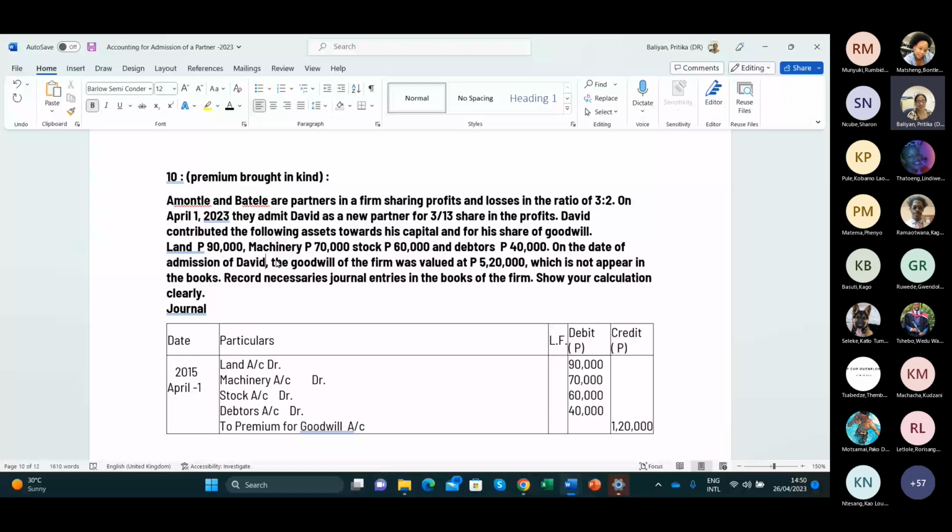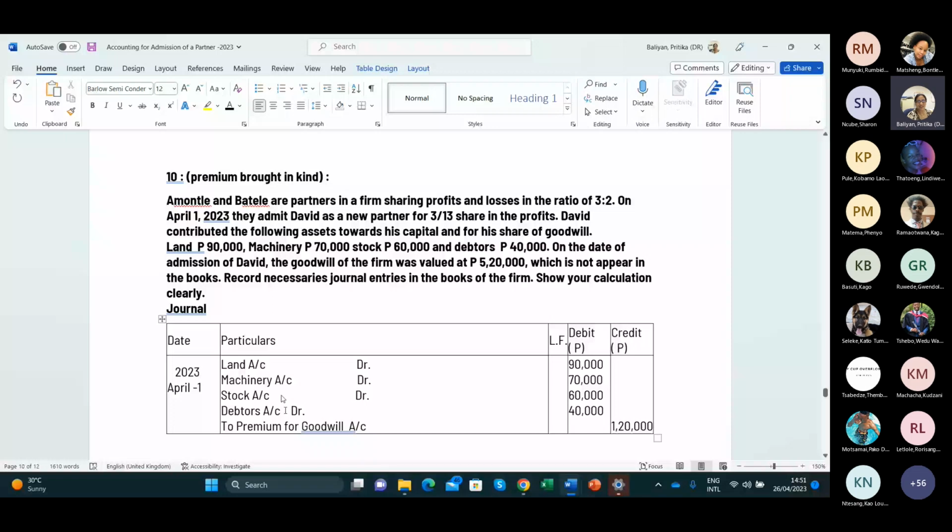So first of all we make entries of what the new partner brings into the business. On 1st of April, he brings land, machinery, stock. Those are assets coming in, so the assets accounts will be debited: land account, machinery account, and debtors account for 40,000.